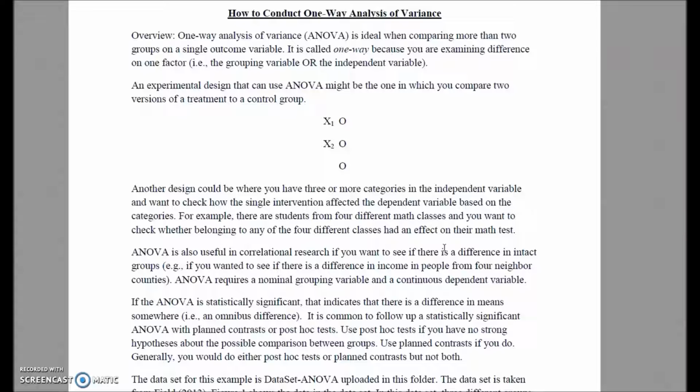So I'm looking at January, February. In January, I'm looking at male and female. In February, I'm looking at male and female. In March, I'm looking at male and female. So what is happening is I have two independent variables here. I have the month and I have the gender. And then how do both of them relate to the dependent variable of weight? This is an example of two-way ANOVA.